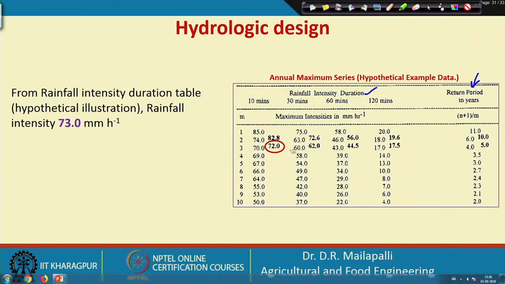For a 5-year return period and Tc around 12 minutes, you get 72 or 73, based on interpolation. Using these two, you find that 73 mm per hour is the rainfall intensity. So, from this we estimated I, the rainfall intensity.